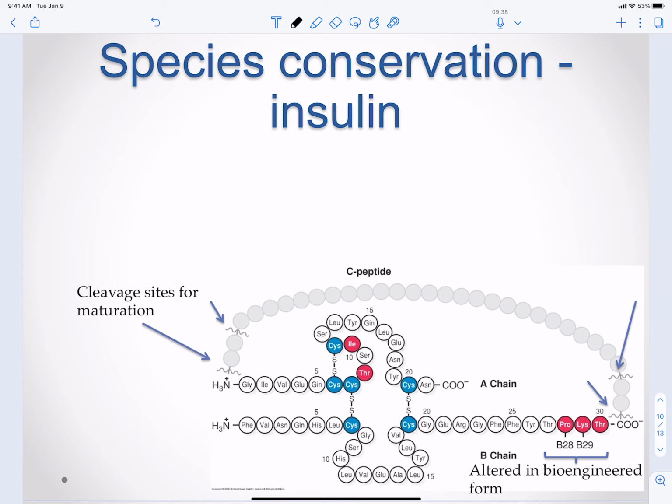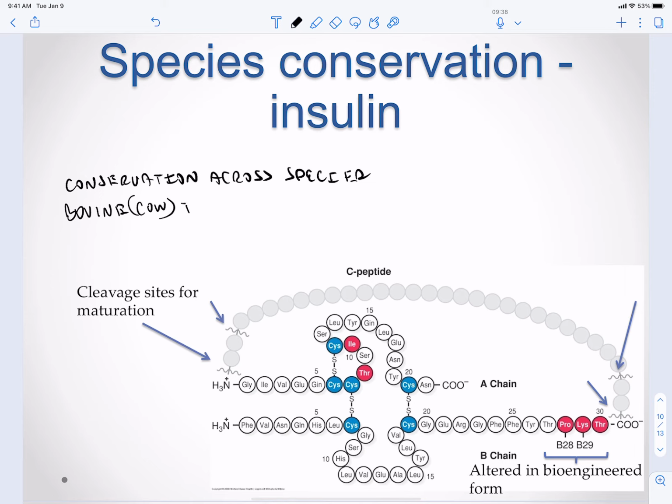This is an example of conservation across species. Bovine or cow insulin was used to treat type 1 diabetics.